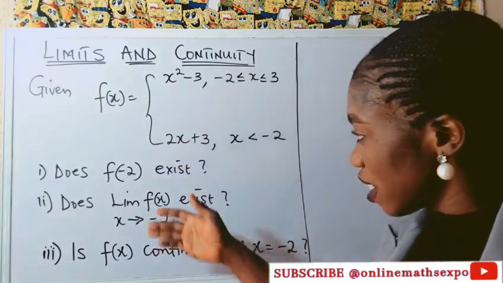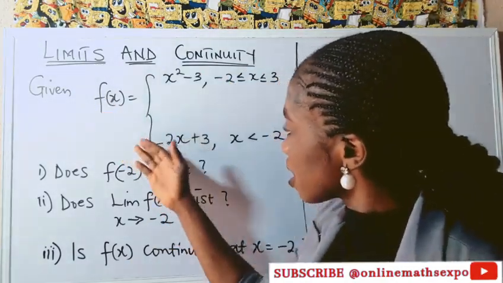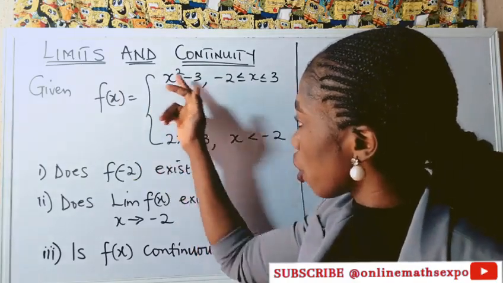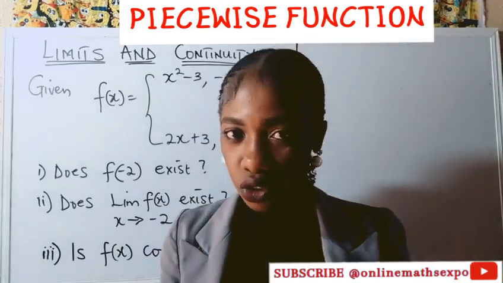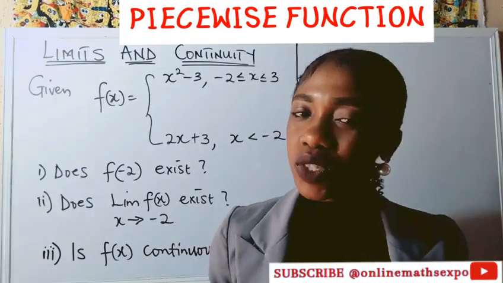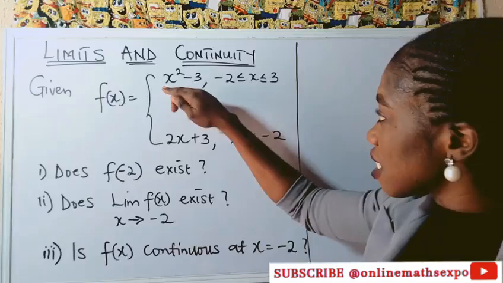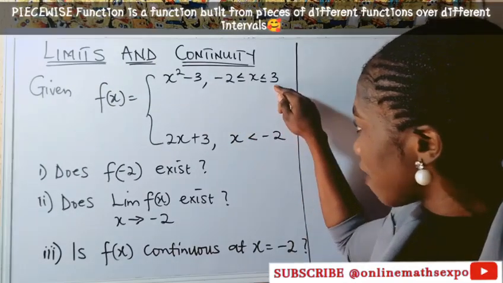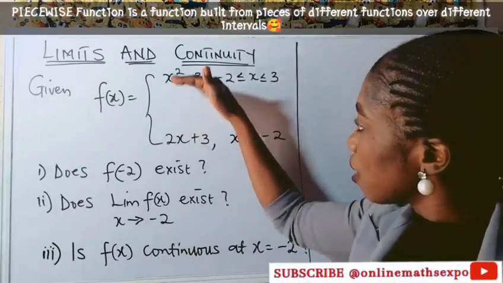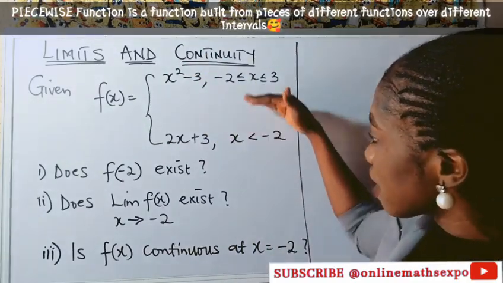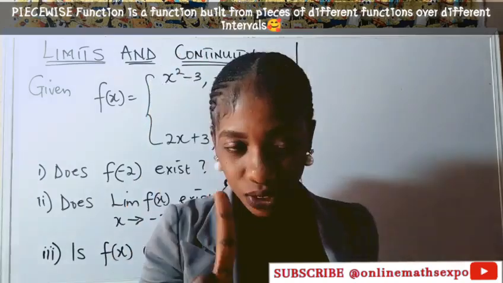Now, let's go through this. When you see this kind of function, what do we call it? This is called a piecewise function, okay? It is piecewise because this is a function on this interval, and this is a function on that interval. They are different functions on different intervals answering one particular name.